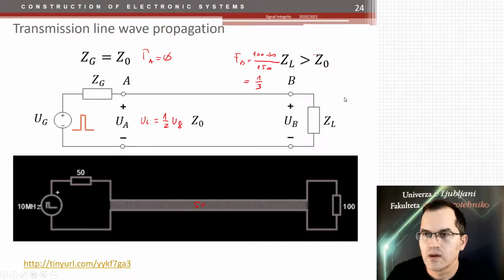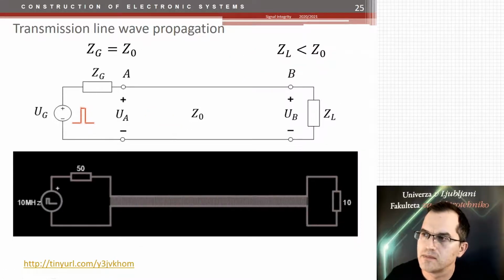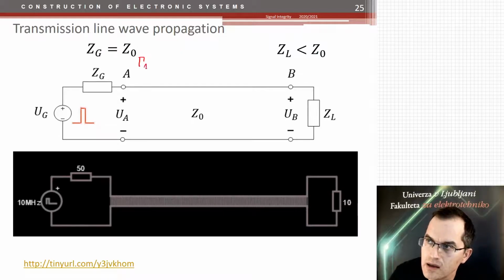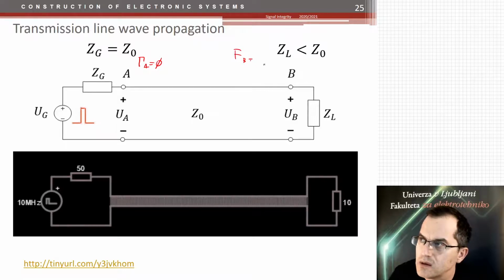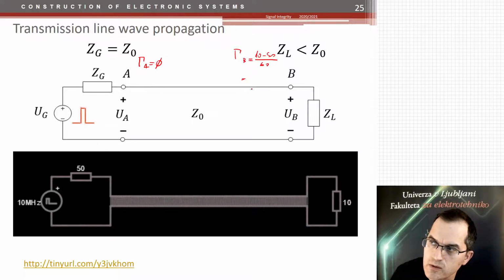Okay, let's go further. The next case, we have Z load less than Z0, and here are the same. So we have gamma A equal 0, and gamma B would be, sorry, it's gamma F, 10 minus 50 over 60, which would be minus 40 over 60, minus 2/3.